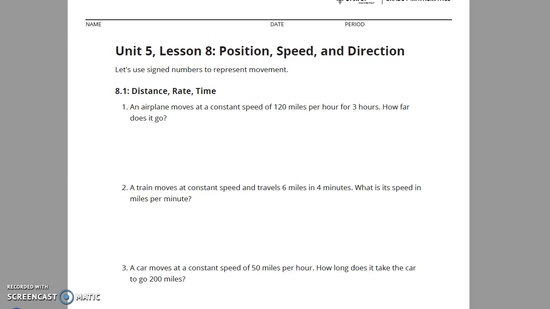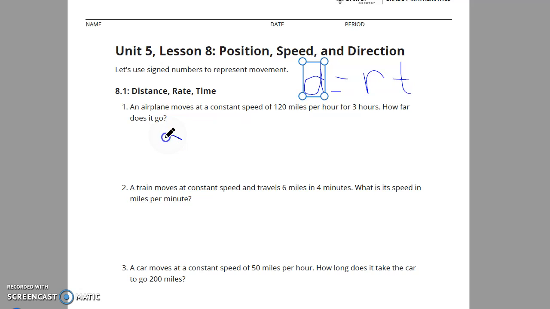For this lesson, I want you to remember the equation D equals rate times time. That is distance equals rate times time. We did this a few units back. So an airplane moves at a constant speed of 120 miles per hour for 3 hours. How far does it go?